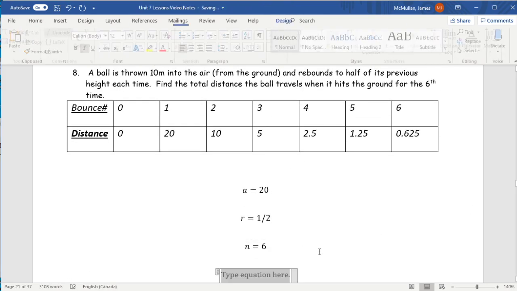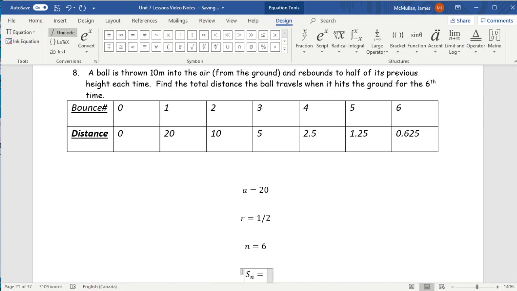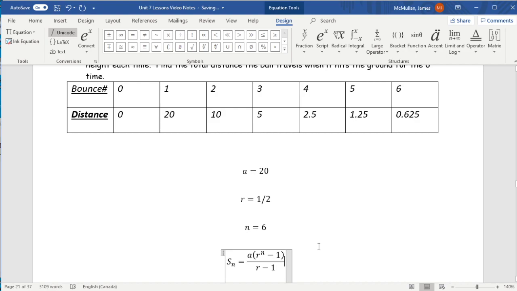So the sum of the sequence would be A times R to the n minus 1 divided by R minus 1. The sum here would be A, the first term, 20, times 0.5 to the power of n, which is 6. So S6 is 20 times 0.5 to the power of 6 minus 1 divided by 0.5 minus 1.